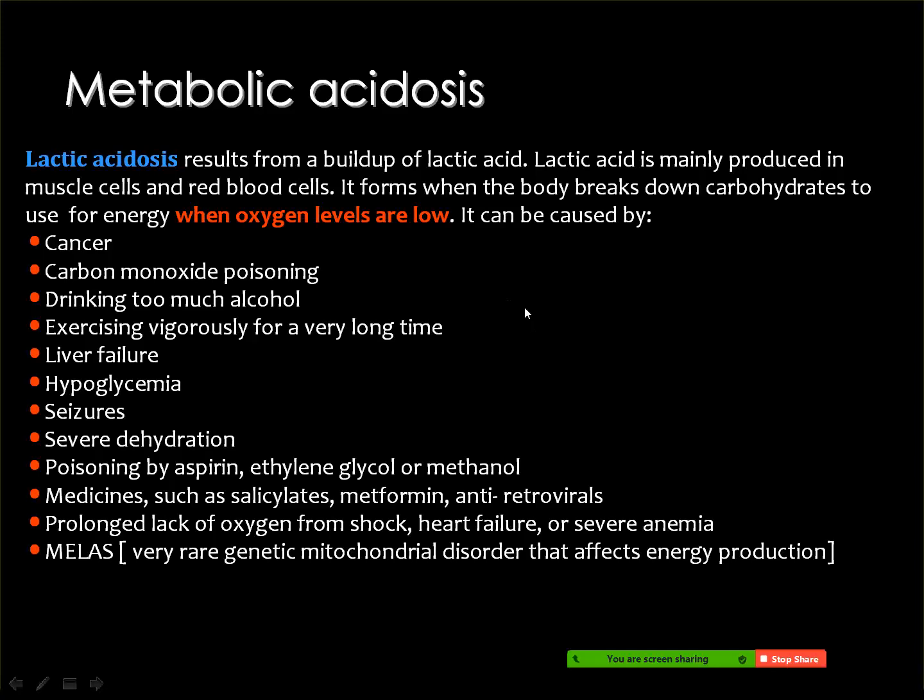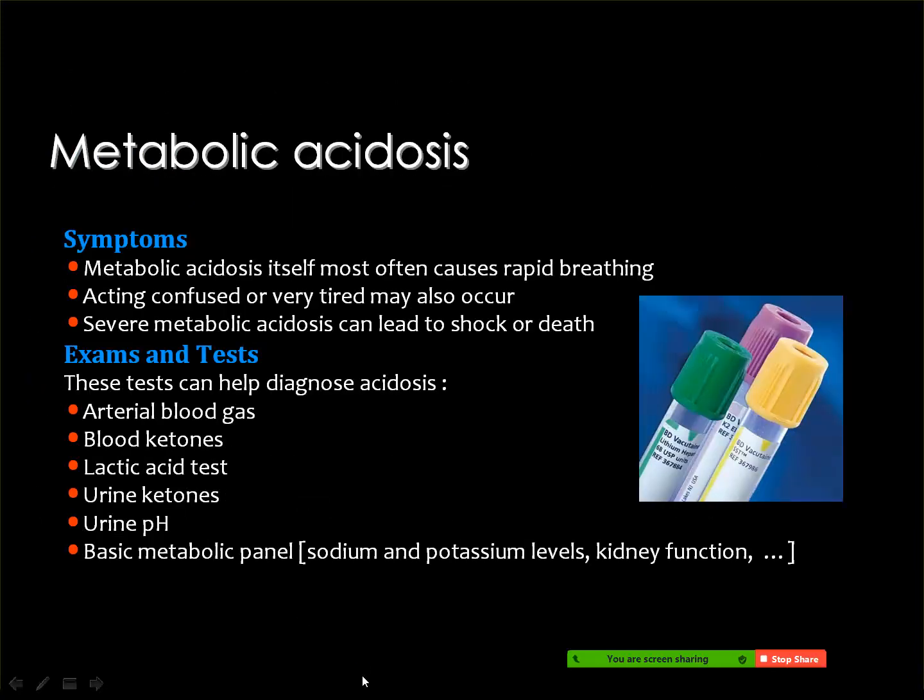You remember that one of the best diagnoses for bilateral symmetrical basal ganglia lesions is carbon monoxide poisoning. Then drinking too much alcohol, vigorous exercise, liver failure, hypoglycemia, seizures, severe dehydration, poisoning by aspirin and medicines like salicylate and metformin, prolonged lack of oxygen from shock, heart failure, anemia, and MELAS syndrome.